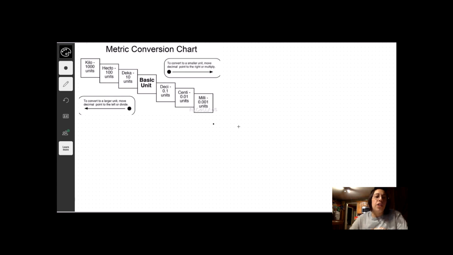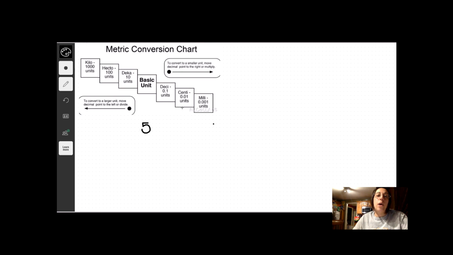Okay, so I want you to think about metric measurement conversion being like stair steps. We either multiply by 10 for every step that we go up, or we divide by 10 for every step that we go down. So, if we have 5 meters, that would be on this base unit step right here.